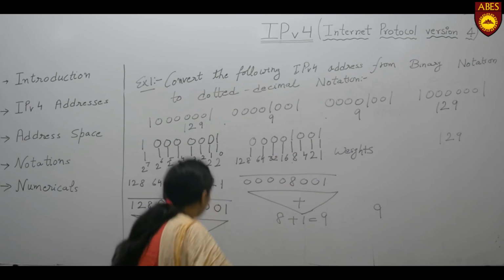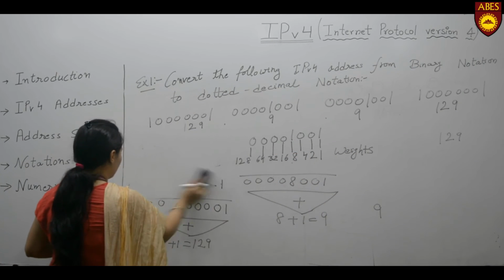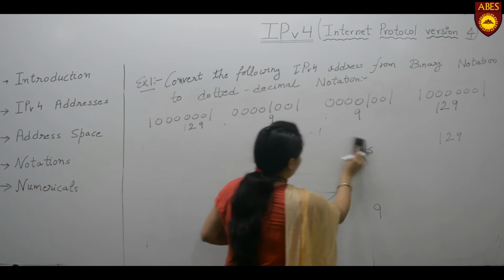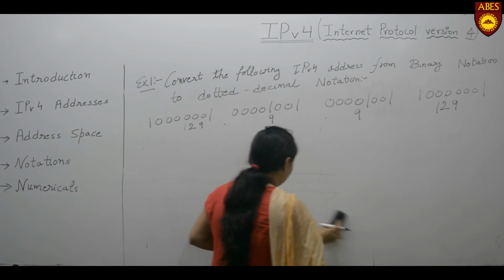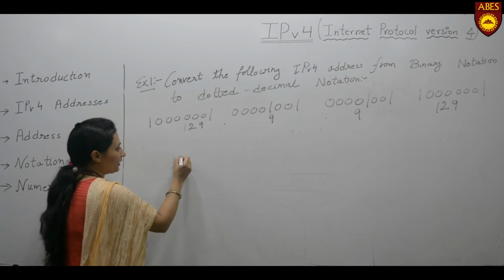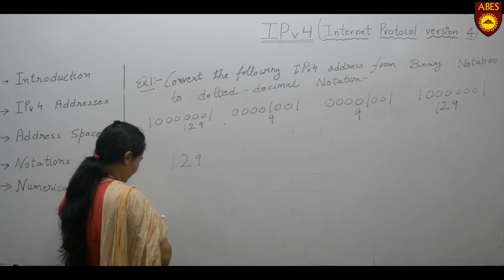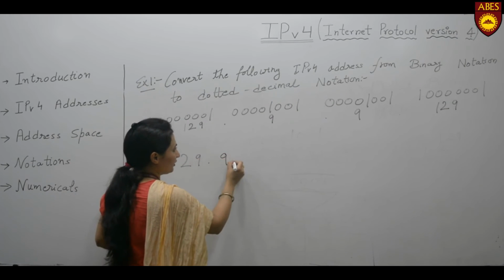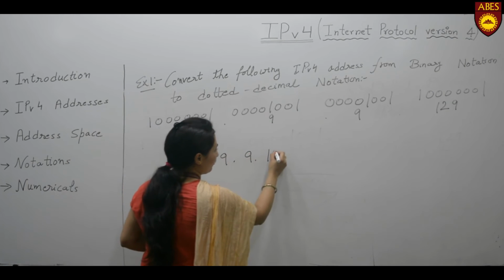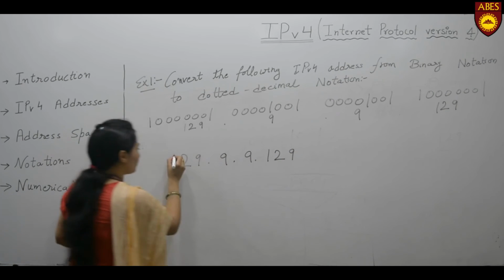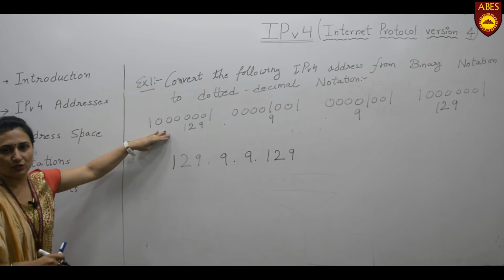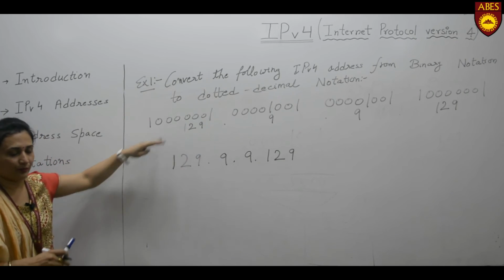So we can write it in a proper way in the decimal form, like 129.9.9.129. So this is the decimal equivalent of the binary notation of an IPv4 address.